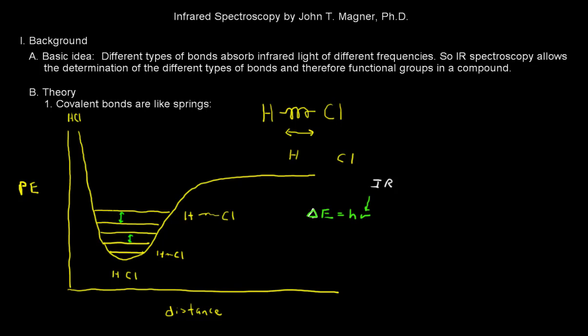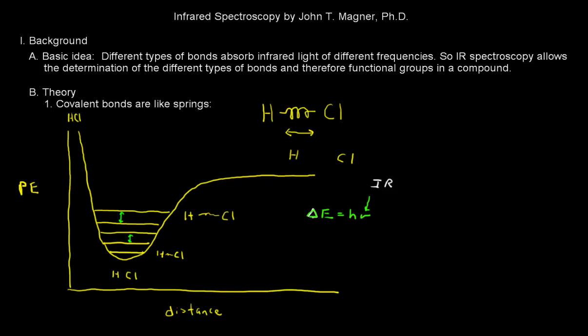And it's critical to understand that different bonds have different vibrational energy states. So there are different gaps between these energy states when you have different bonded atoms, and those different gaps correspond to different frequencies of absorbed light. So different bonds have different vibrational energy states, which correspond to different frequencies of infrared light that can be absorbed. And that's the basic principle behind infrared spectroscopy.